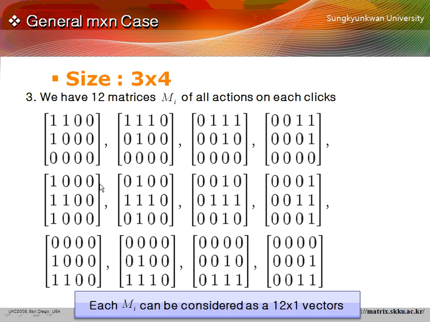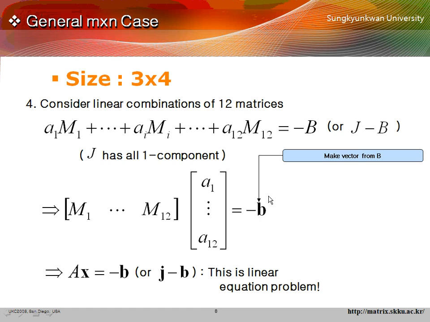Okay, and we can think of each of these matrices not only as a 3 by 4 matrix, we can also think of it as a 12 by 1 vector. A matrix can always be considered as a vector. So these 12 matrices can be considered as 12 by 1 vectors. This is the mathematical formulation of the rectangular Blackout game. Suppose B is a given initial condition.